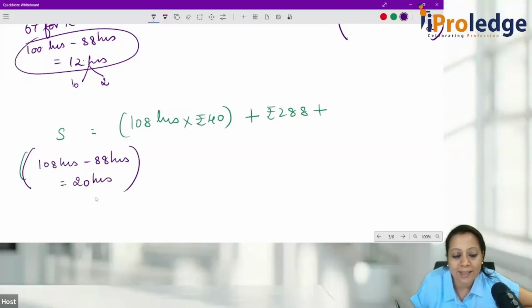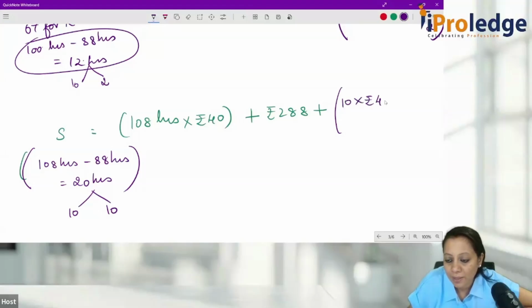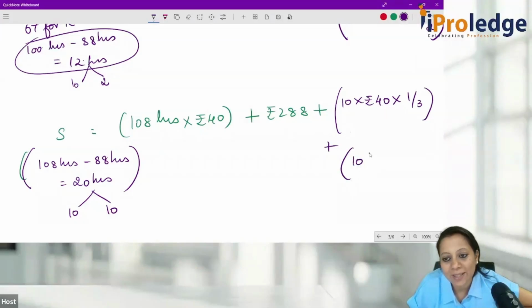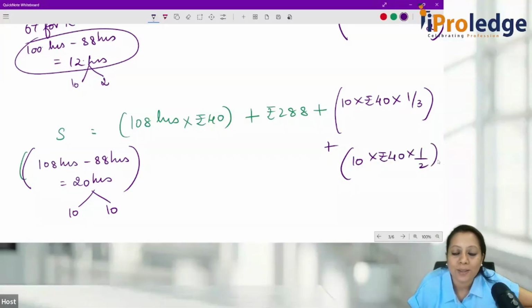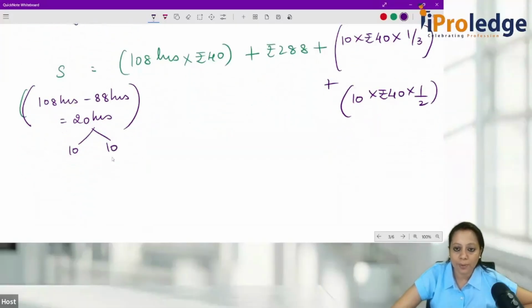Very nice. In that, easily I can separate it as 10 and 10 hours. So it is going to be 10 into rupees 40 into 1 by 3. Correct, everyone? Plus 10 hours into rupees 40 into 1 by 2. Got it, everyone? Yes. So finally, you can do the calculation, no problem.